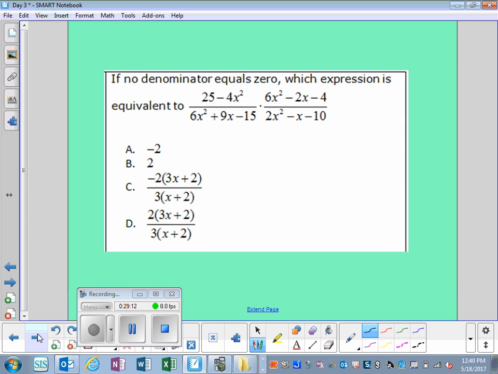Next, multiplication problem. So this one is kind of ugly. Lots of work. Okay, let's see. The first numerator, what can I do? Always look for GCF first, right? And remember how we said, if you have the negative in front of the highest exponent, we want to get it out as part of the GCF. You see how I have 25 minus 4x squared here?